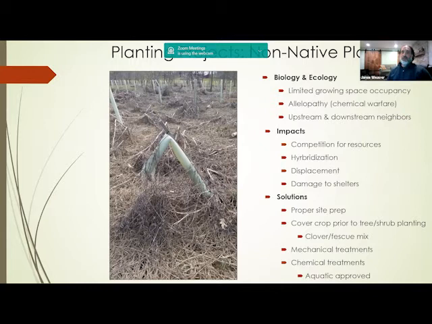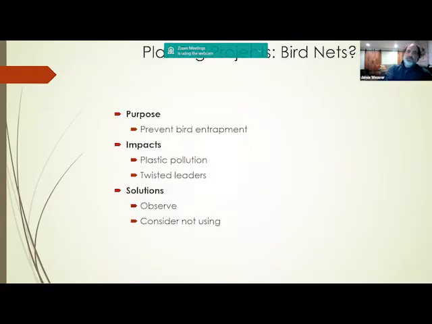I've been using a clover fescue mix with a great deal of success. That limits the amount of mowing that needs to be done, but then occupies that growing space that would otherwise be going to those non-native plants. And then there's mechanical treatments like mowing, and then chemical treatments. If done on a consistent basis, that becomes a pretty manageable task. Neglected, it becomes an issue.